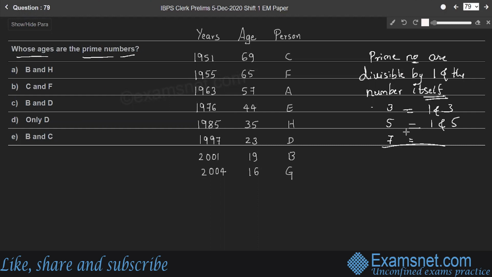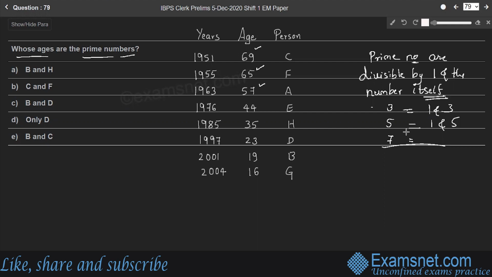Here, the ages are given. So 69 is not a prime number. It is divisible by 3, and 23 is also one of the factors. So 69 is not a prime number, whereas 65 is divisible by 5. Other than 1 and the number, it has more factors, right? Then 57. Other than 1 and 57, it has 19.